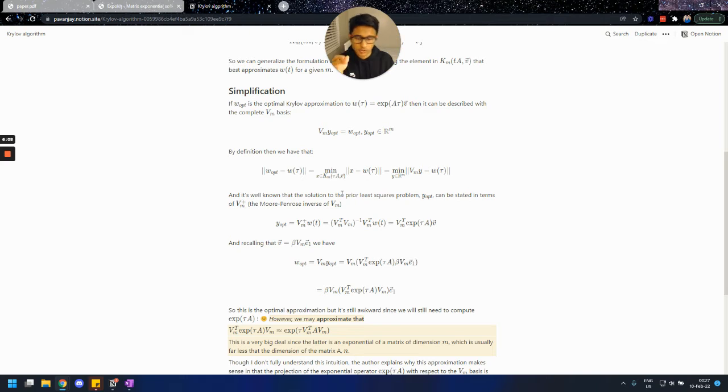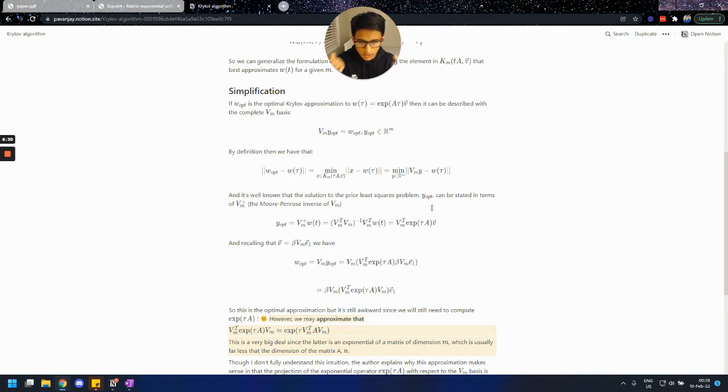And that best element is actually the optimal set of y coefficients applied on the set of orthonormal basis vectors. So it's like the optimal linear combination of the orthonormal basis vectors, which kind of makes sense because the orthonormal basis vectors completely span the Krylov subspace.